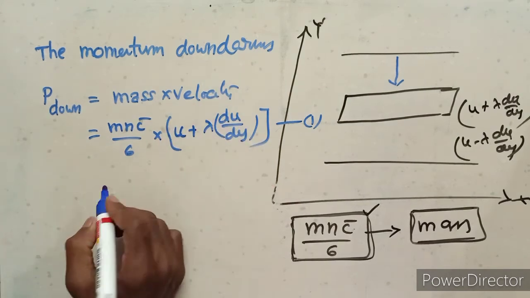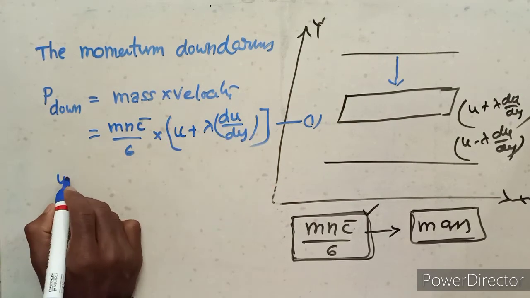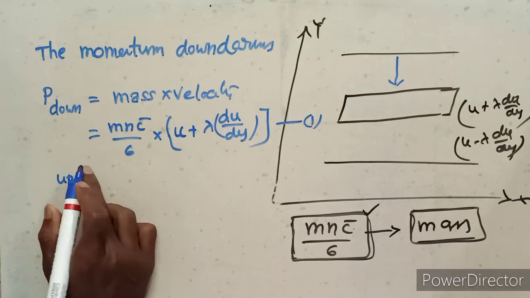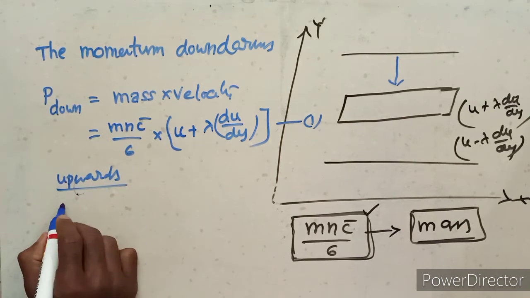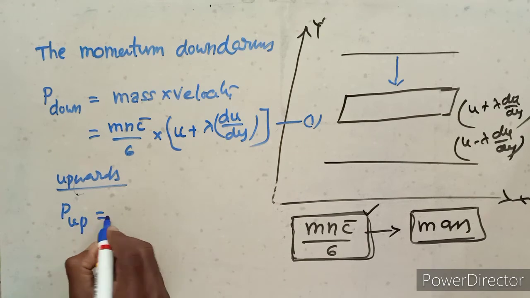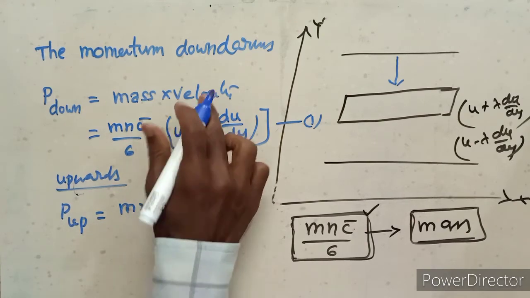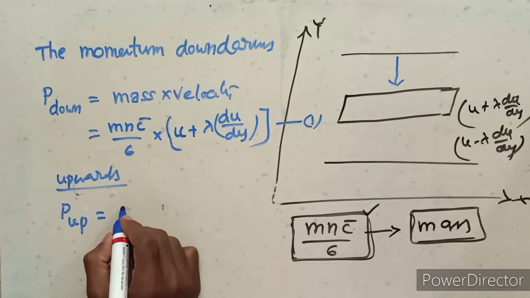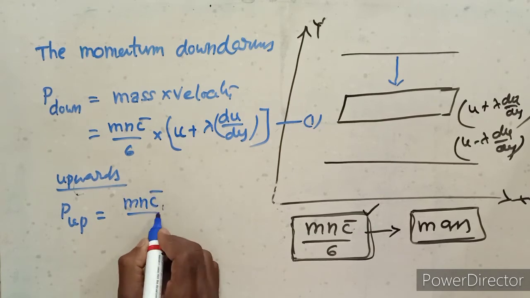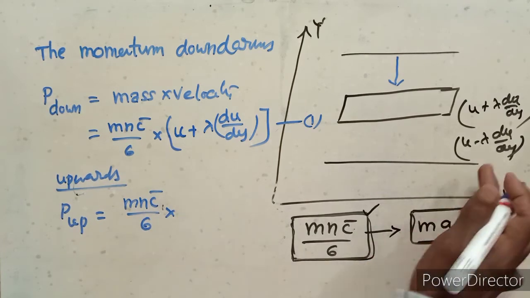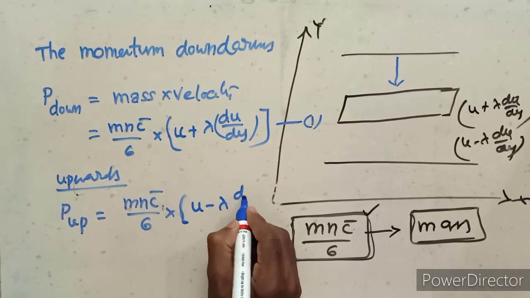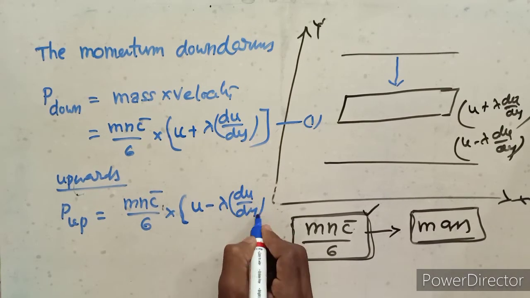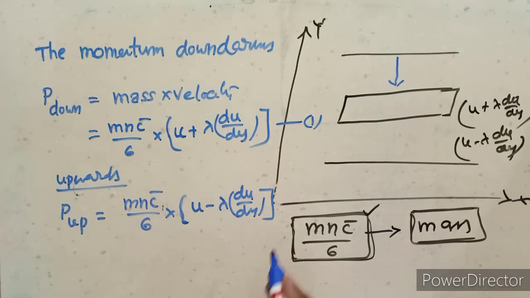And the momentum upwards, P upwards, is mass into velocity. Here mass is m n c bar upon 6. Velocity is u minus lambda du upon dy. This is equation number 2.